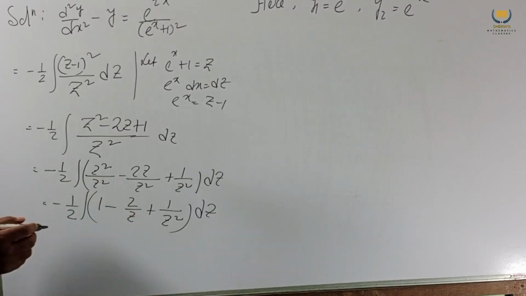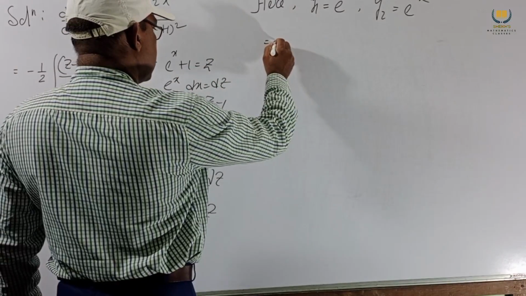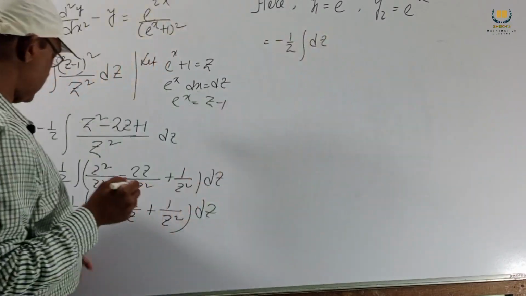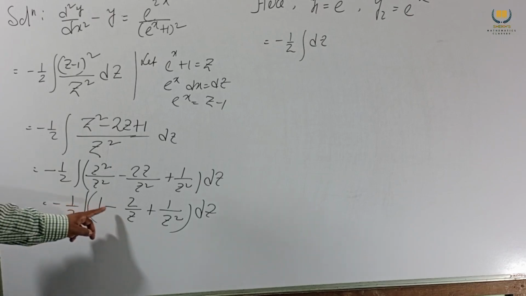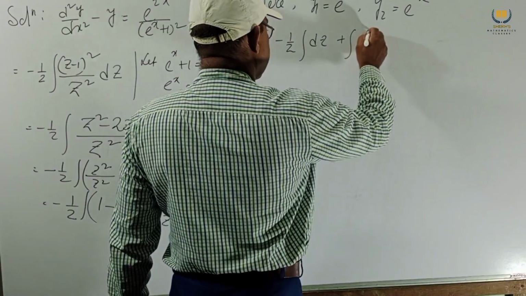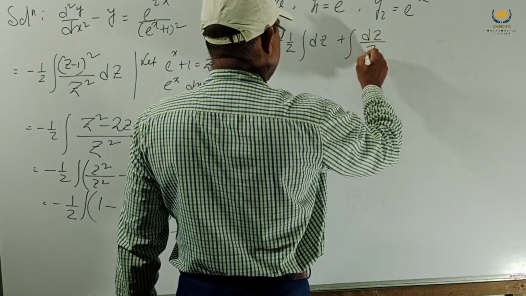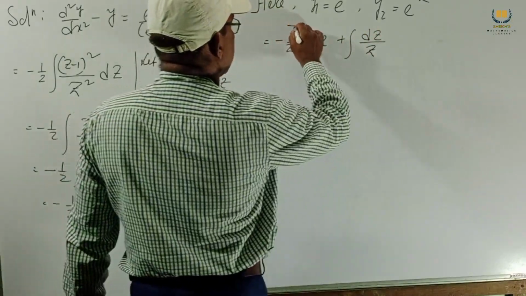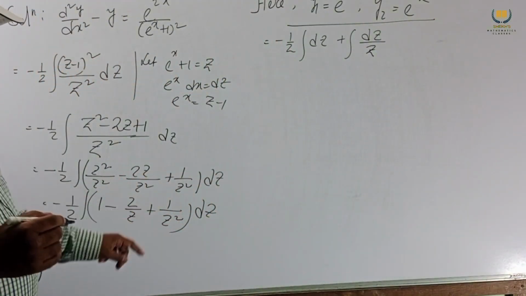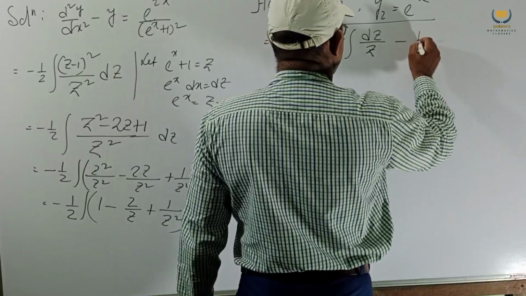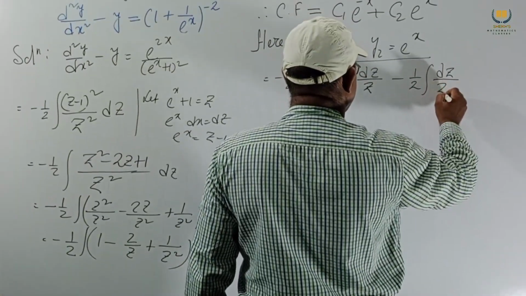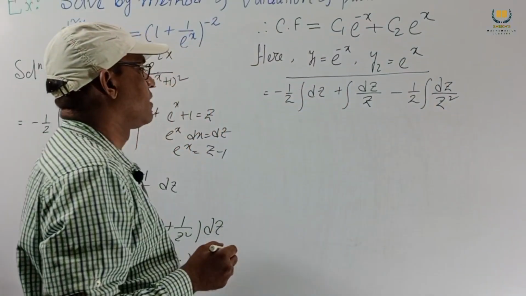Now I integrate this: −1/2 ∫ dz, and minus minus plus 2 to cancel, ∫ dz/z, and −1/2 ∫ dz/z² we get.